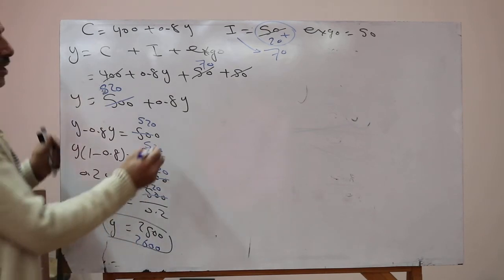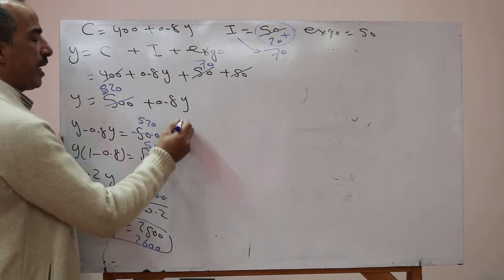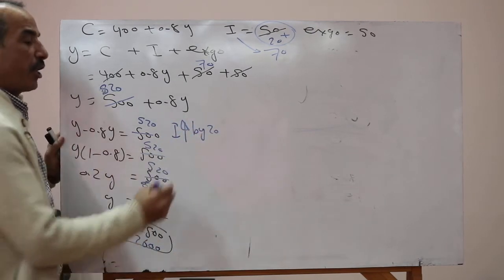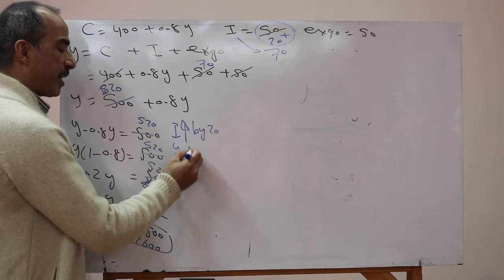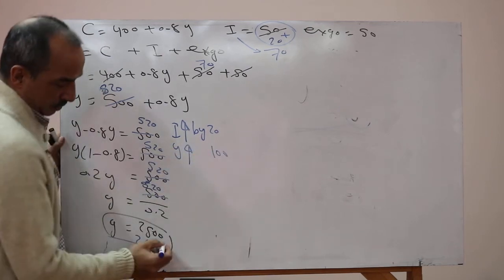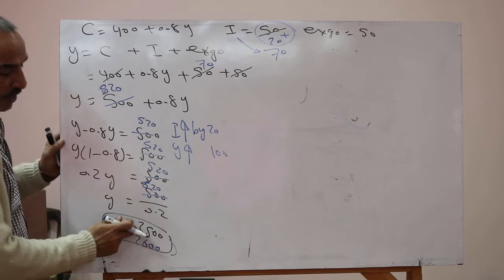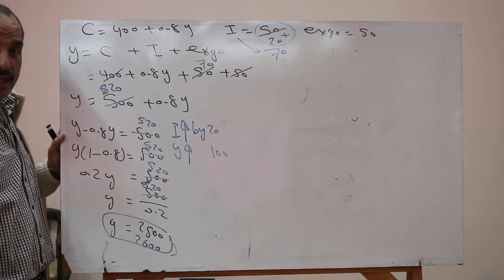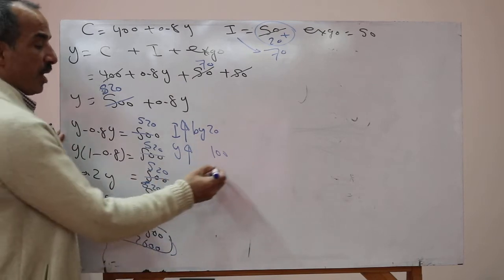Meaning when the investment increased by 2 million, the income increased by 100, from 2,500 to 2,600. Okay.